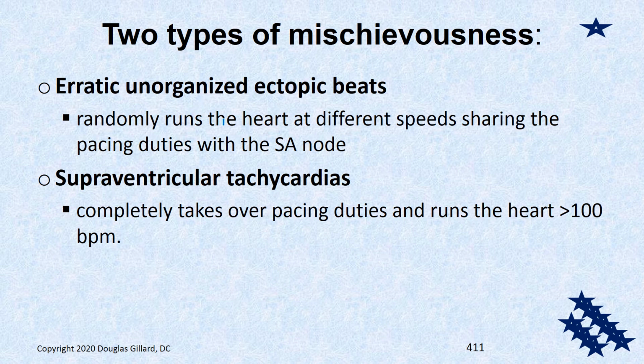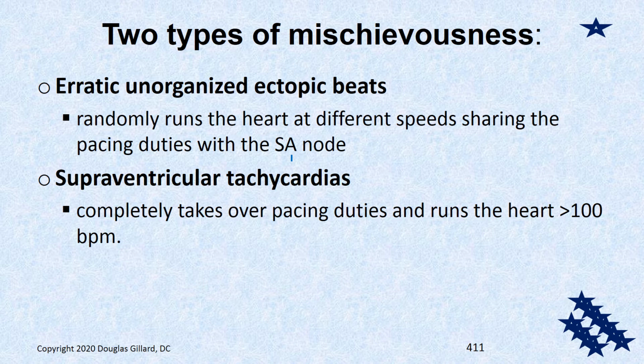He just randomly pops up and runs the heart for a couple beats or a couple hours, and not every beat either. Maybe for 3 beats he runs the heart, and maybe the SA node wins the battle in the next couple beats. So it's random, and it's erratic pacing of the heart.